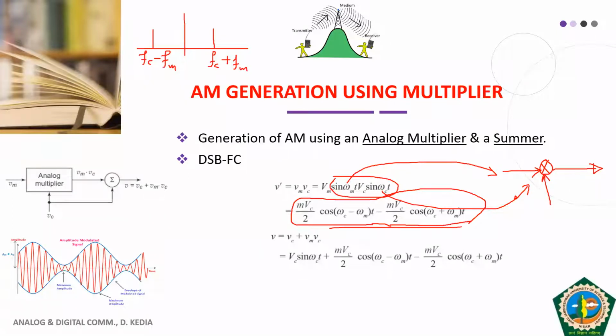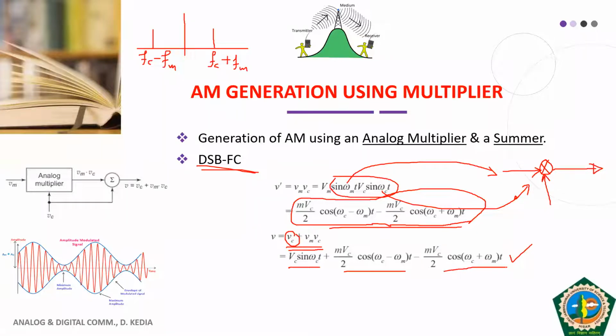So the double sideband signal can be directly generated by multiplying your modulating signal and carrier. So what we want is a multiplier. In order to generate a double sideband full carrier signal, we want the carrier part also. These are the sidebands, so obviously we need an adder. In that adder, your carrier will be added. And finally, we get the original AM signal, where we have the carrier part, the lower sideband part, and the upper sideband.